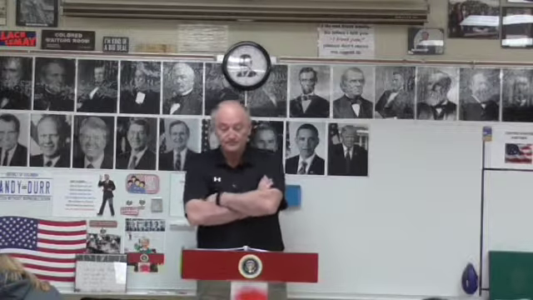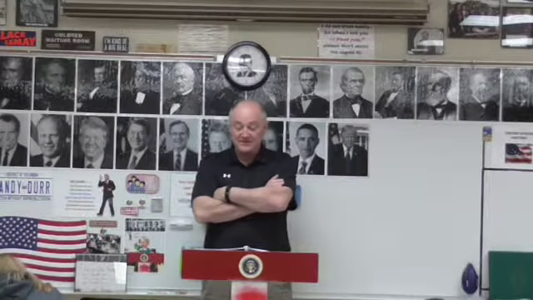Okay. The second, probably most important of the two, obviously, was the 14th Amendment to the United States Constitution. And this was passed in 1868, and it stated two specific things. One was very controversial.